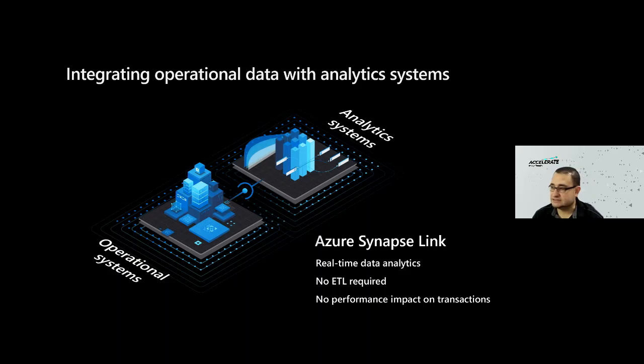Essentially, Azure Synapse Link allows you to click a button, say, I want to create a Synapse Link between this operational database and my analytical solution, and be able to query that data in real time, efficiently, and without putting a lot of performance hit on that operational system.